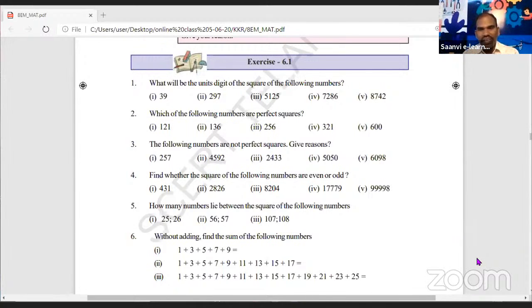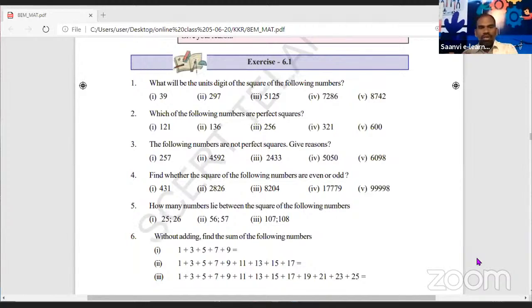Even number into even number, always an even number. If they are odd numbers, their squares are also odd numbers. If they are even numbers, their squares are also even numbers. Square of an odd number is not even. Square of an even number is not odd.